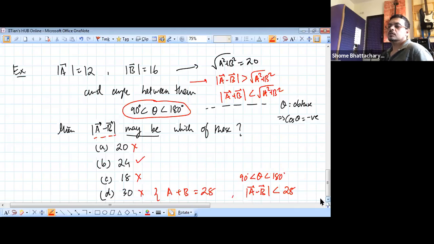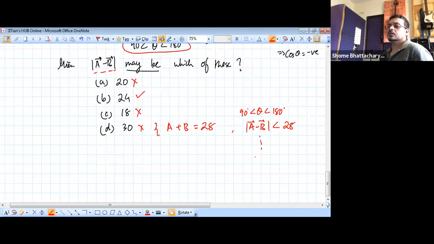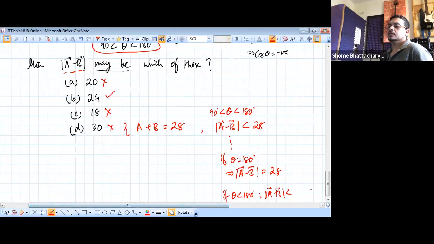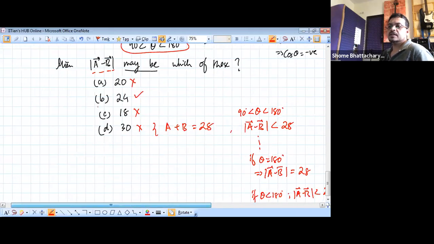If theta was equal to 180 degrees, then A minus B would be equal to 28. So if theta is less than 180, it has to be less than 28. But anyway, 32 cannot happen in any case. Okay. So which is the right option here? Option B is the only one.